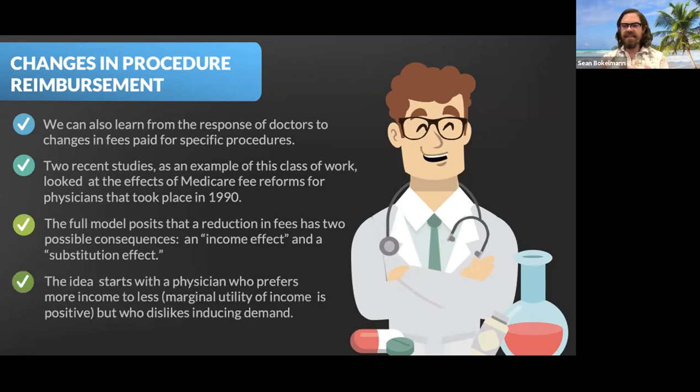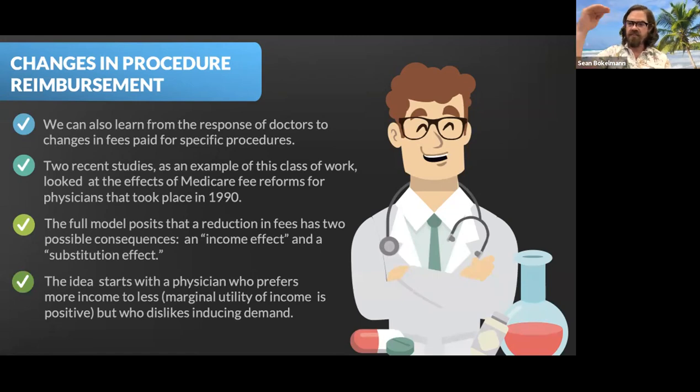The idea is that physicians prefer more income to less income, but they dislike inducing demand, right? So there's disutility from inducing demand. So there's an income and substitution effect going on here.